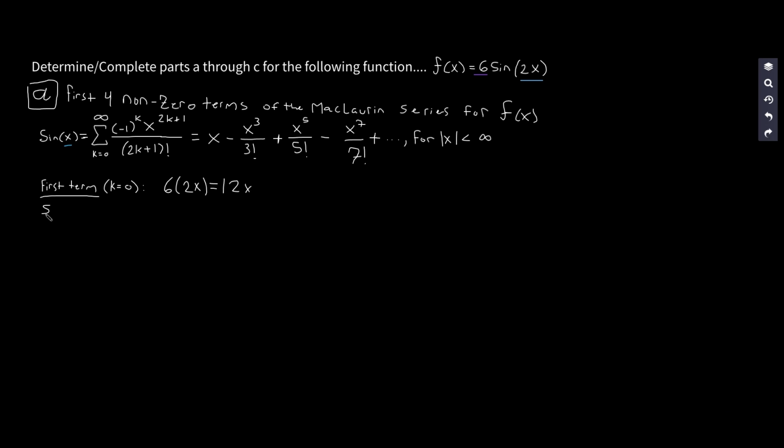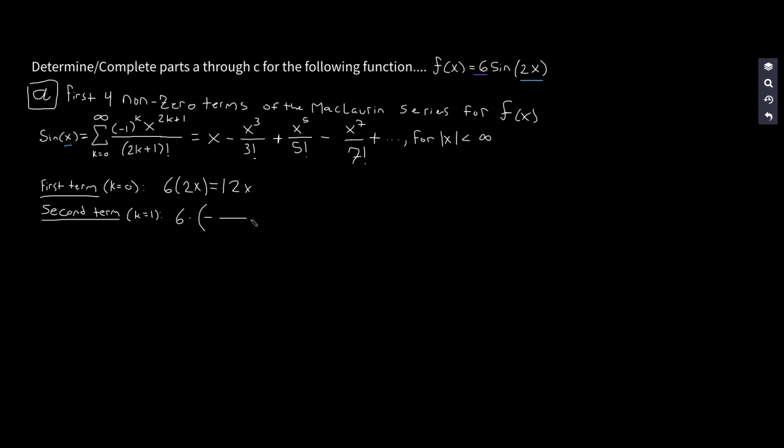Then we have to find the second term, which is k equals 1. So there's going to be a 6 out in front automatically. But then we're going to look at the second term here, which is going to be negative x raised to the power of 3 over 3 factorial.